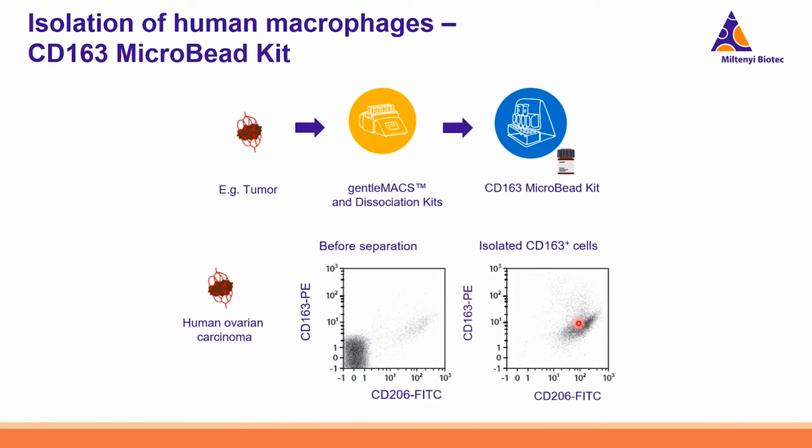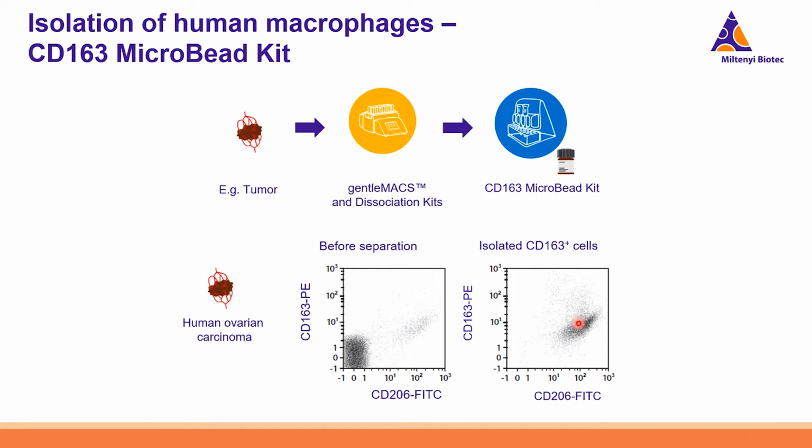The CD163 MicroBead Kit, human. This kit allows the enrichment of human cells from a sample, for example, healthy or tumor tissues, based on the expression of the CD163 antigen. We know that CD163 is most abundantly expressed by mature tissue macrophages and peripheral blood monocytes.